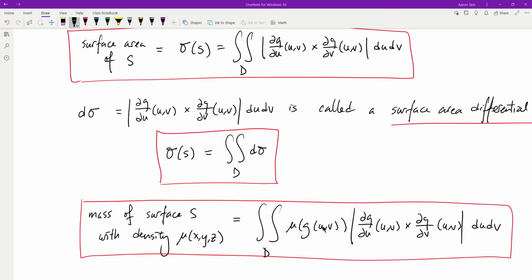So imagine that you have a piece of metal that contours into different shapes, so it's not flat. Then you can basically use this to calculate. Obviously when you do that, you are assuming that this surface has a uniform thickness. That's the reason why the surface area dictates the mass and not the volume, because you have a uniform thickness.